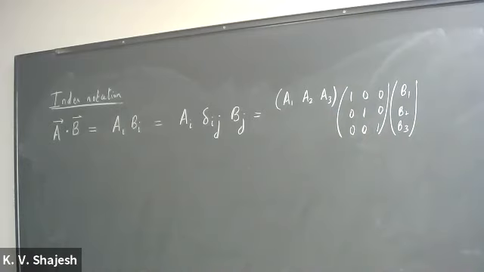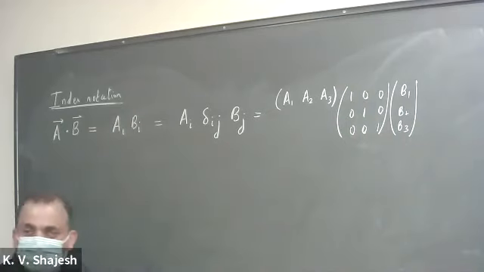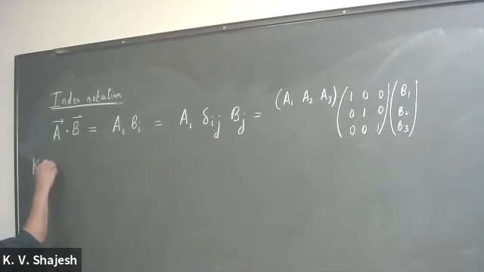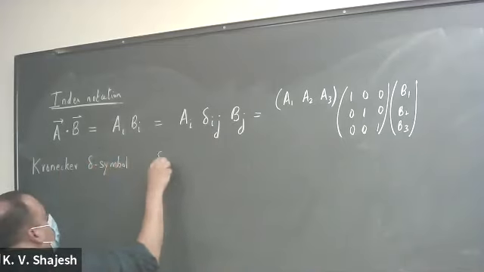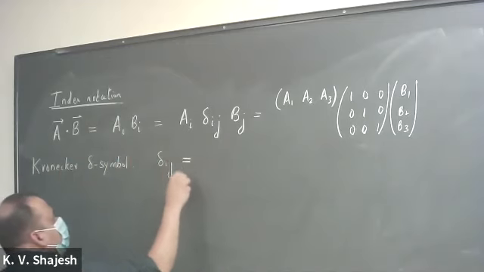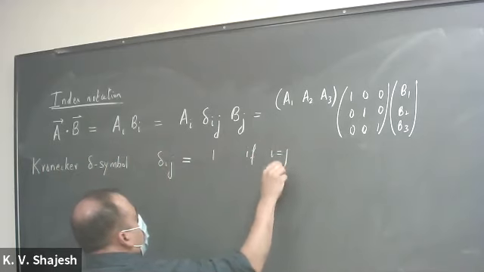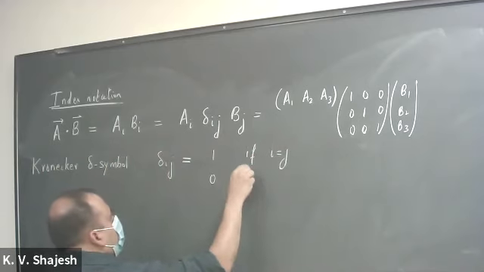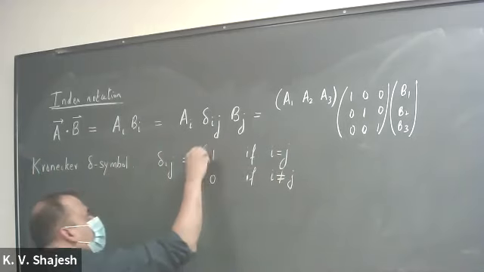Currently, it is good to recognize that this is a dot product, and this is also written in terms of the Kronecker delta symbol, which is equal to 1 if i is equal to j, and is equal to 0 if i is not equal to j.